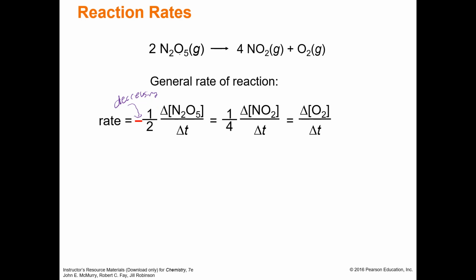So N2O5 decreases at half of the rate at which the products appear. For example, if we do everything in terms of O2, since O2 happens to have a coefficient of 1, the rate of disappearance of N2O5 is going to be half the rate of the appearance of O2 over time. The rate of appearance of NO2 over time is going to be 4 times the rate of the appearance of O2 over time.